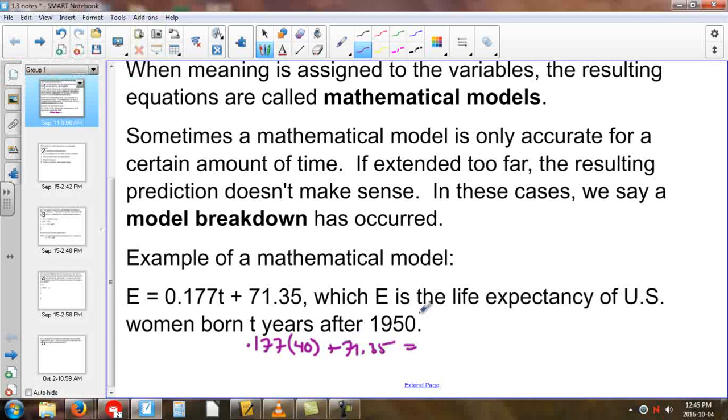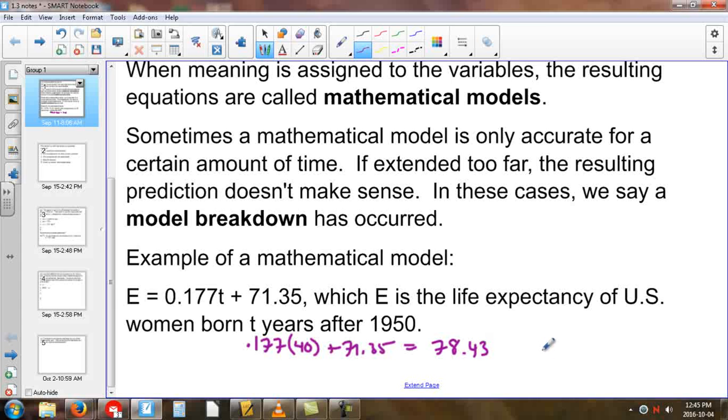If we test this for someone born in 1990, I'm going to put that in my calculator: 0.177 times 40 plus 71.35. It turns out the person's life expectancy is 78.43.